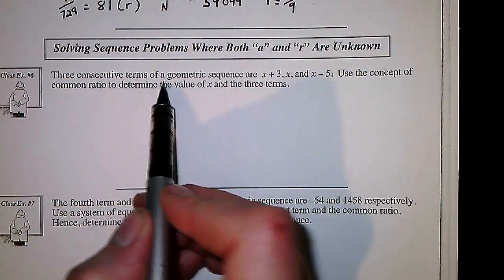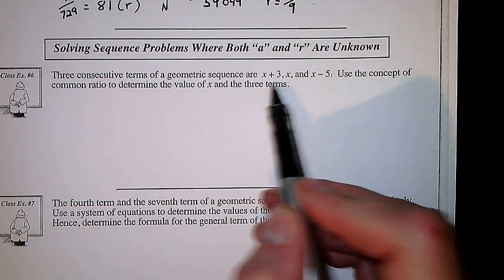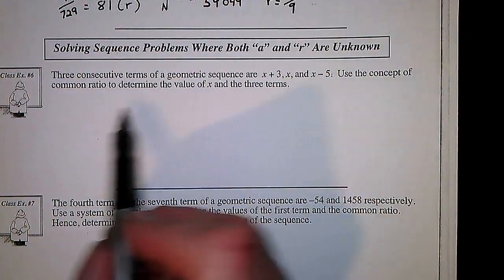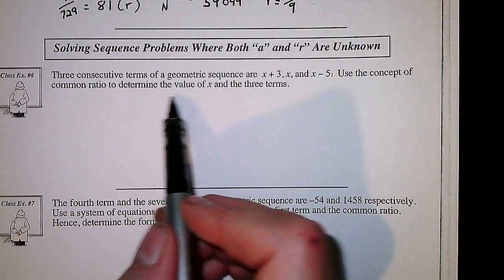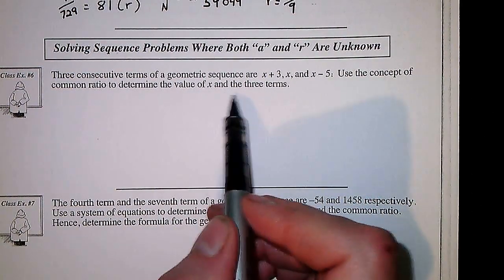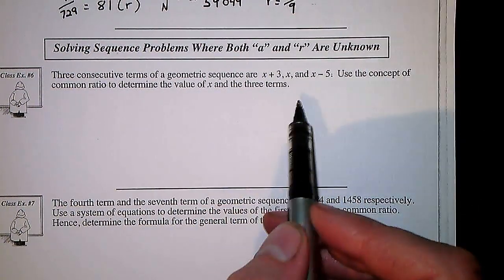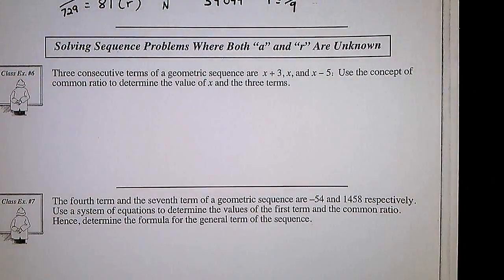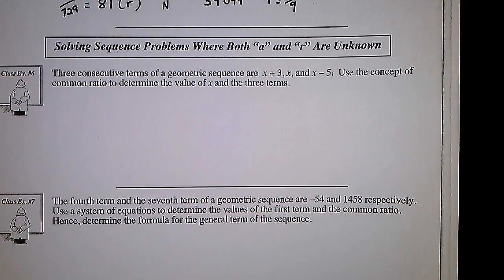There's 3 consecutive terms that are x plus 3, x, and x minus 5. Use the concept of common ratio to determine the value of x and the 3 terms. So that's all the information we're given. We don't actually know what the first term is. We just have it in terms of a variable.